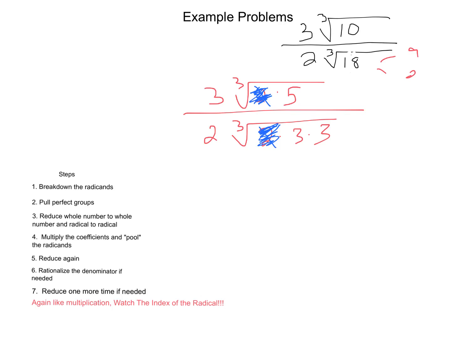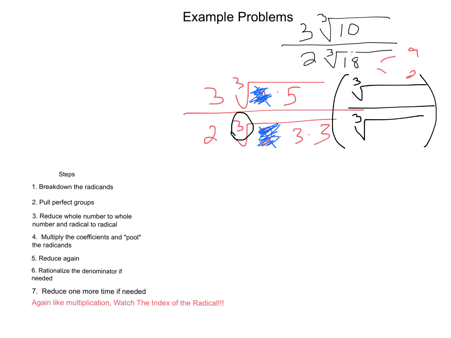We now have to rationalize the denominator, because remember, we cannot have radicals in the denominator of a fraction. Now before, when we dealt with square root, the trick was multiply by the radical itself. Problem is that won't work this time because our index is not a 2. So we have to think in terms of creating our perfect groups. And again, if you watched my videos before on radicals, I did say, don't think in terms of the trick of just giving another one there.